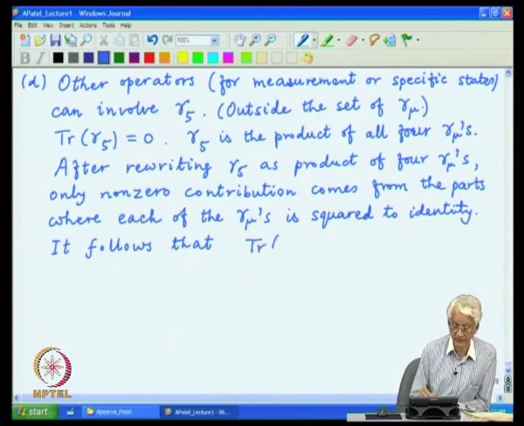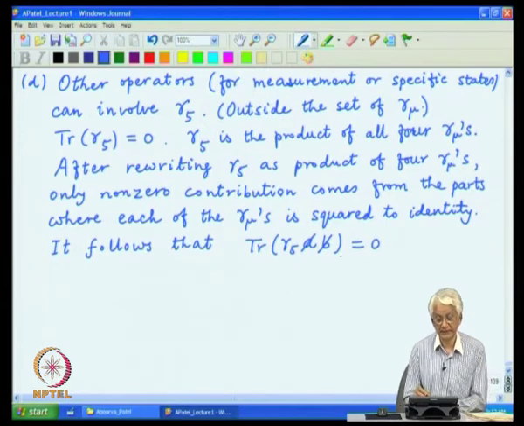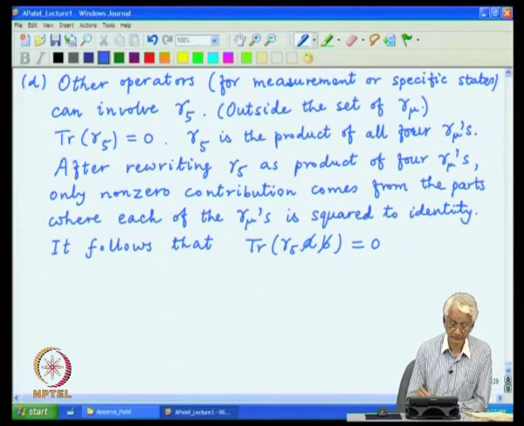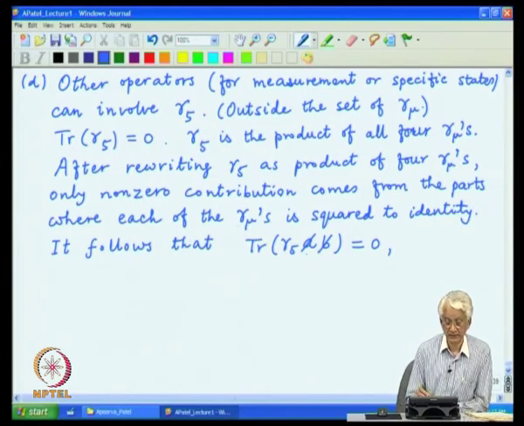Trace of gamma phi with 2 matrices is equal to 0. In general this rewriting involves 6 gamma matrices, which is an even number, but the whole product is 0 because in the product all the gamma mu's do not appear squared. 2 of them do get squared, but the other 2 remain separate.